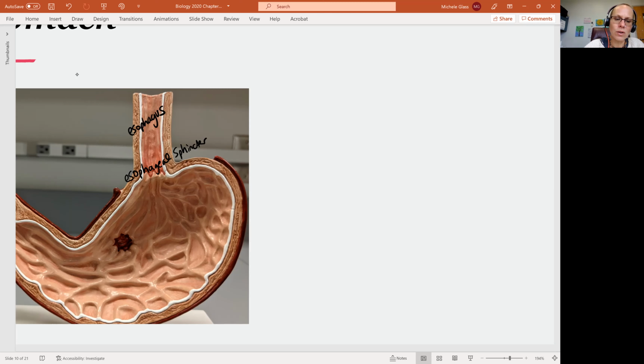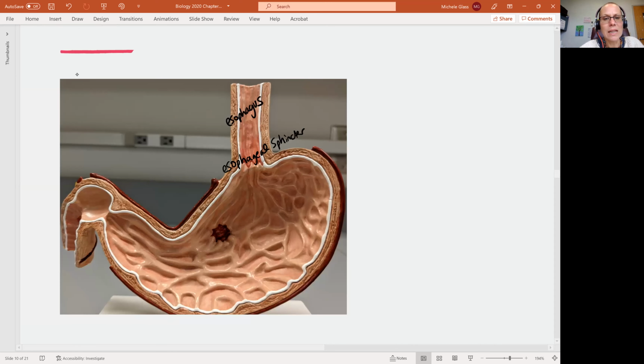Let's also go ahead and mention the stomach. So I'm just going to label the bulk of this organ here, the stomach. Leading from the stomach, you're going to see material moves into the small intestine, and specifically, we're going to go into the duodenum of the small intestine.